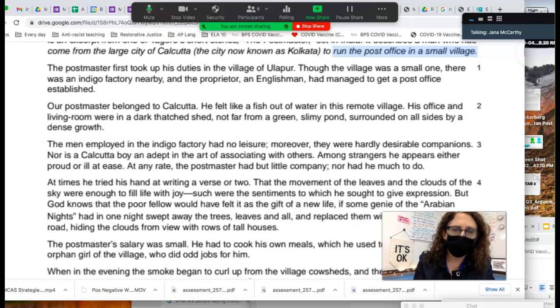So that uncomfortable makes it negative, right? And you're saying he feels uncomfortable because why? A fish out of water can't do anything. Yeah, it's where it's not your place. It's not where you belong, right?